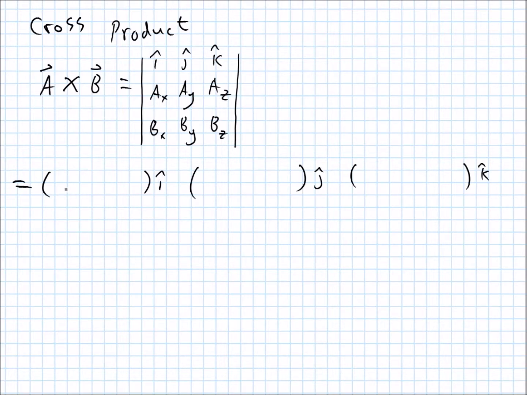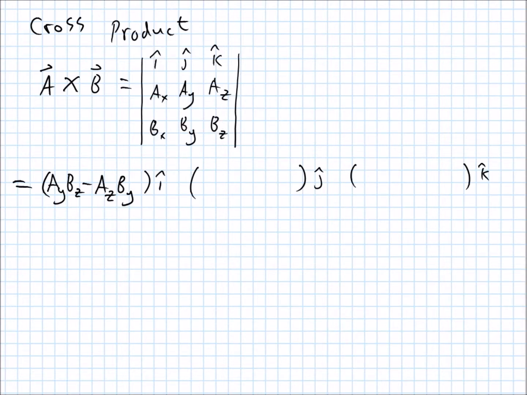So let's start by finding what goes here for I. We cover up the column of I, and it's this times this minus this times this. So that's AY BZ minus AZ BY. Look across, like the cross product. All right, and continue like that.